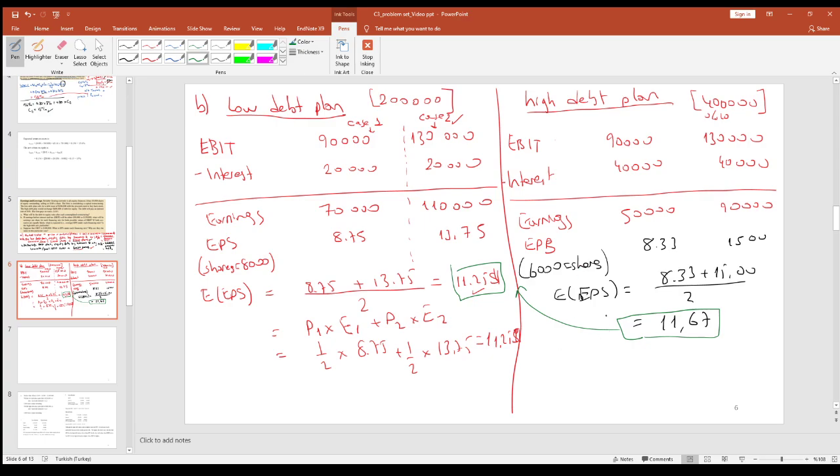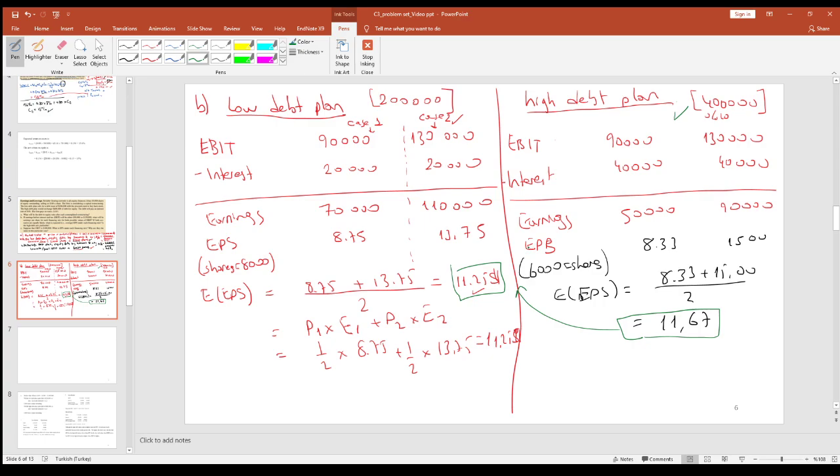It is because you have more debt in your capital structure, which means you stress your operations more. In other words, although the high debt plan results in higher expected earning per share, it is not necessarily preferable because it also entails greater risk.